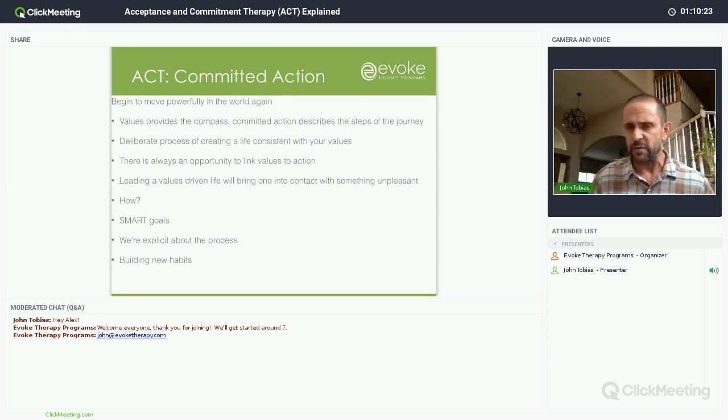So an example that I give is, let's say you identify physical well-being as a value of yours. And so a SMART goal in service of that value might be doing 100 push-ups. And so at the end of the day, you check back in with staff, sometimes with peers, and you say, I either did achieve that goal or I didn't.